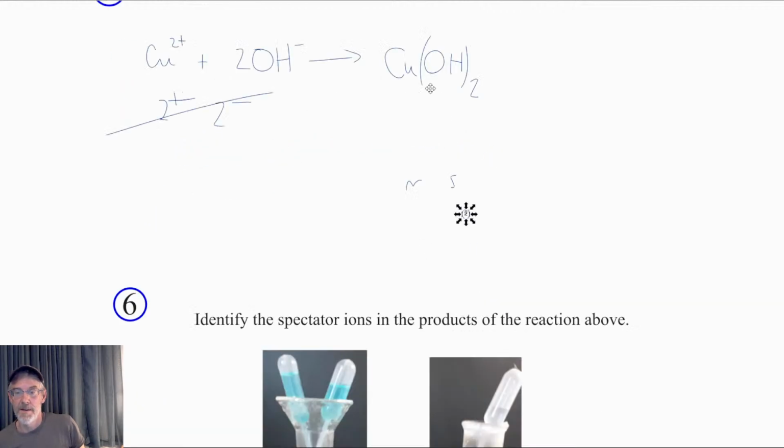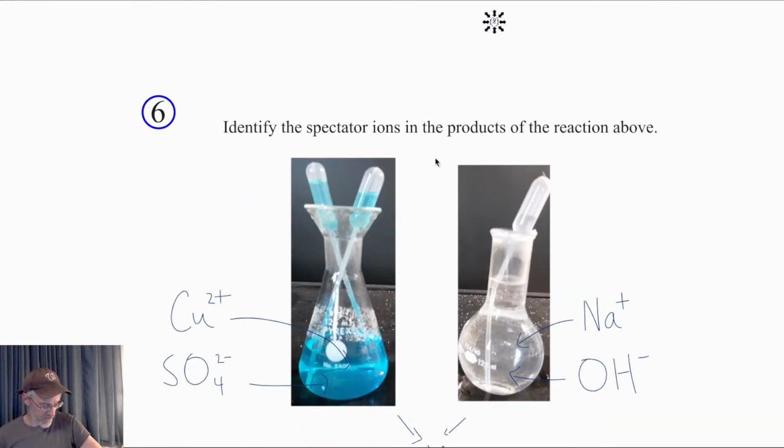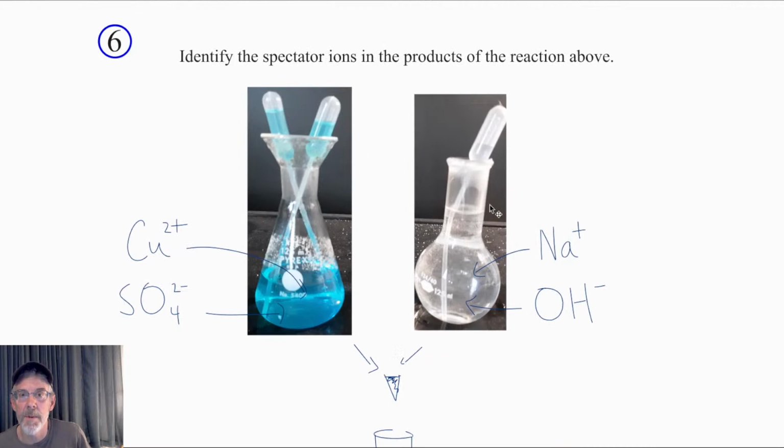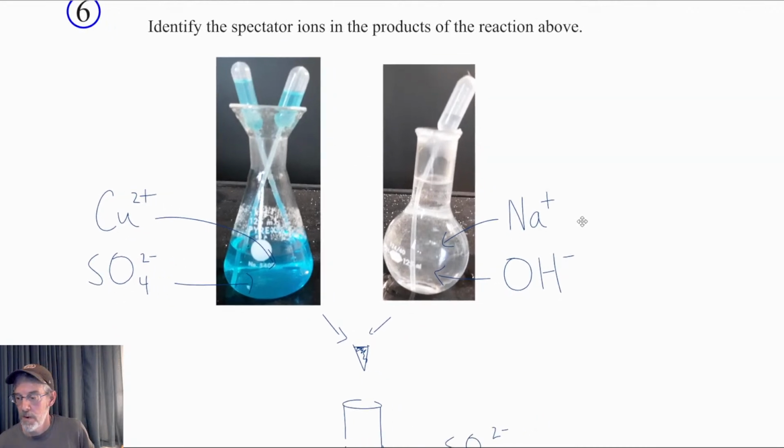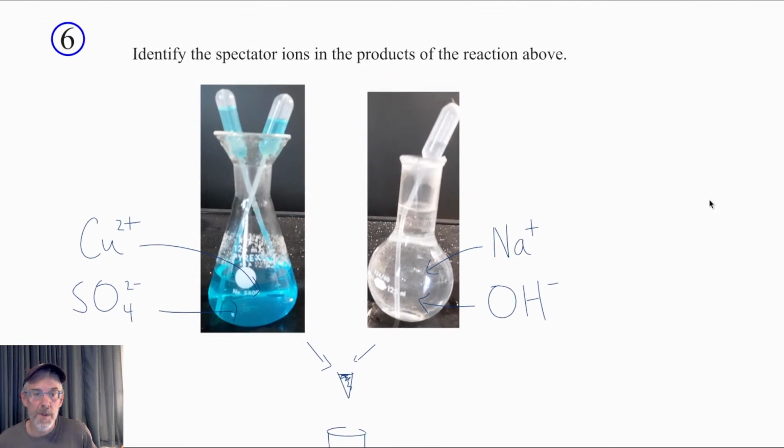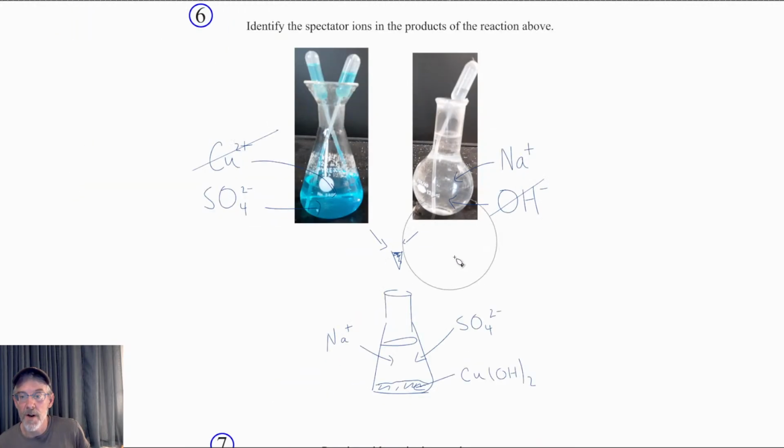All right. So we're going to wrap up almost. Let's take a wrap up here with our spectator ions since we've been talking about them. So we said we started out with this copper 2 ion, the sulfate ion here, and then we had the sodium ion and the hydroxide ion. But these here, they combined and they formed that copper 2 hydroxide.